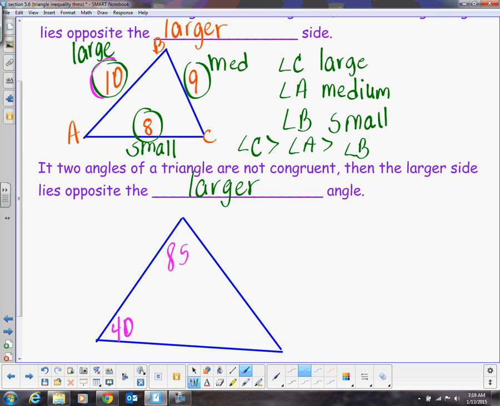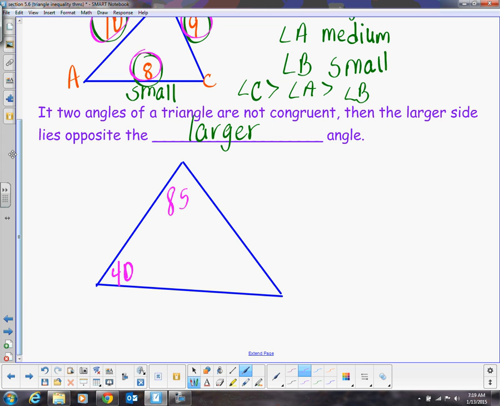Did I have every single side on this triangle? Okay. The only way I can order my angles is if I have all three sides. What's missing in this triangle? And in order to order my angles, what do I need?